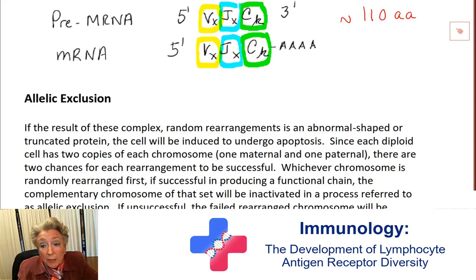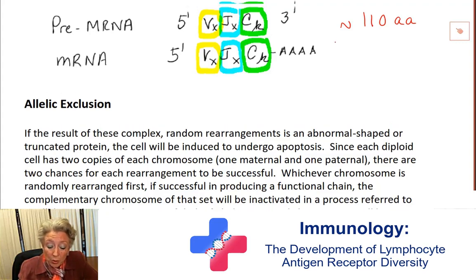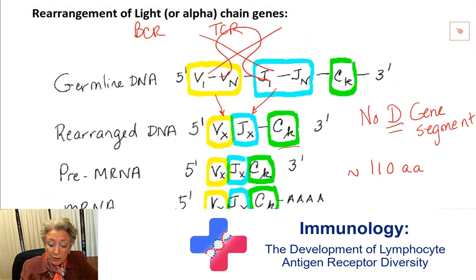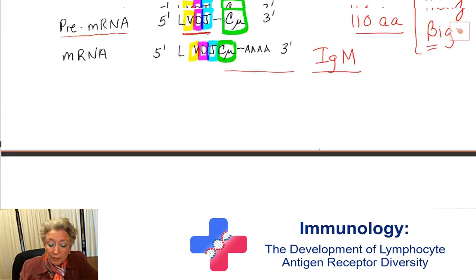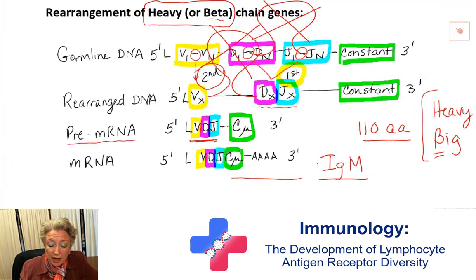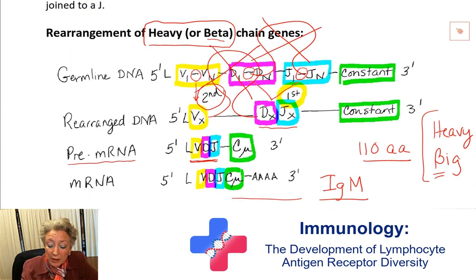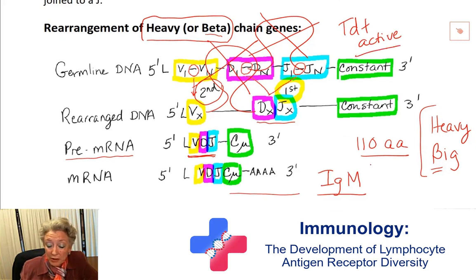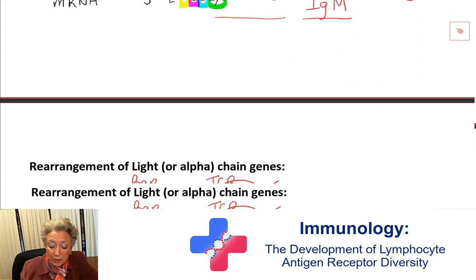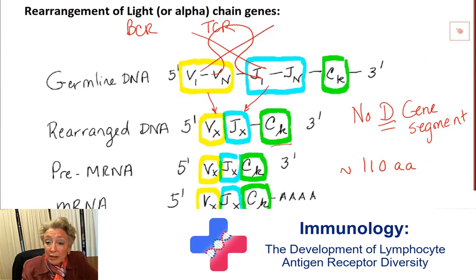If I add 3 bases, then I've added another amino acid. Now, one of the things that's different between T cells and B cells is that in the case of a B cell heavy chain, TDT is active. That is true also for the beta chain of the T cell receptor. But in the case of the light chain rearrangement with the B cell receptor, there is no activity of TDT.